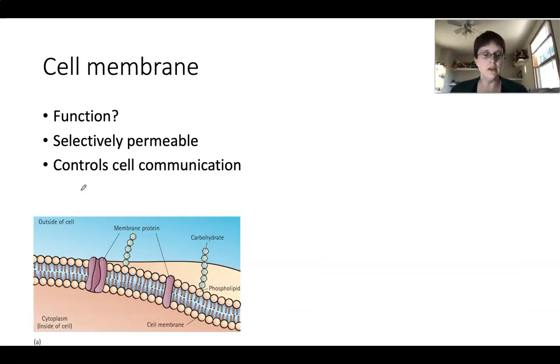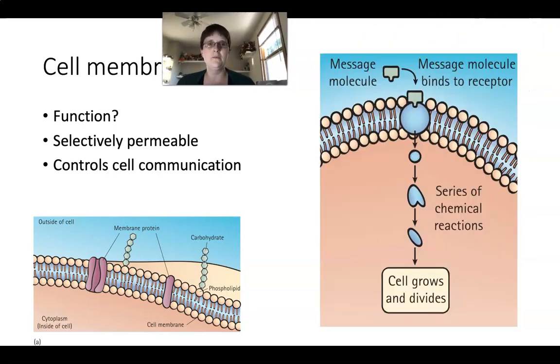So let's take a look at, I'm trying to move myself out of the way, there we go, how one of these messages works. So you've got our membrane right here, and you've got a protein. So you can see we've got proteins all over the place in the membrane. This protein is in charge of sending signals. And so it gets a message molecule.